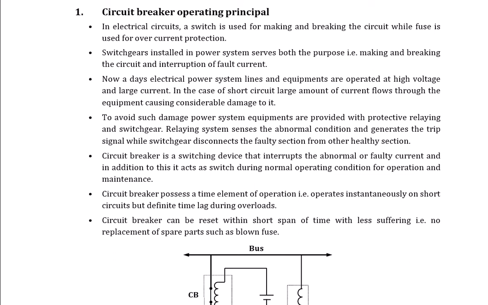In the case of a short circuit, a large amount of current flows through the equipment, causing considerable damage to it. To avoid such damage, power system equipment is provided with protective relaying and switchgear. The relaying system senses the abnormal condition and generates the trip signal.